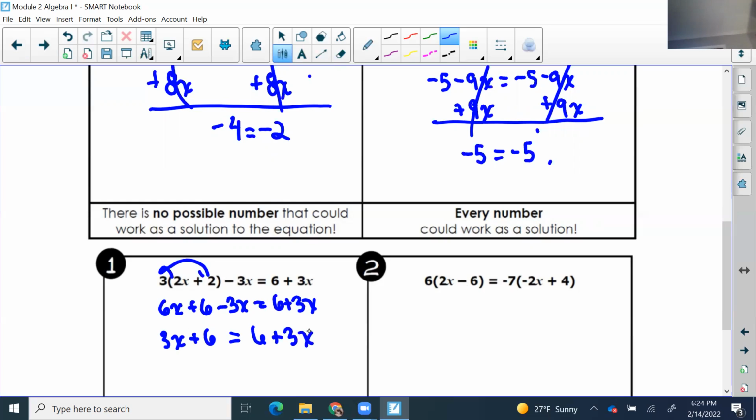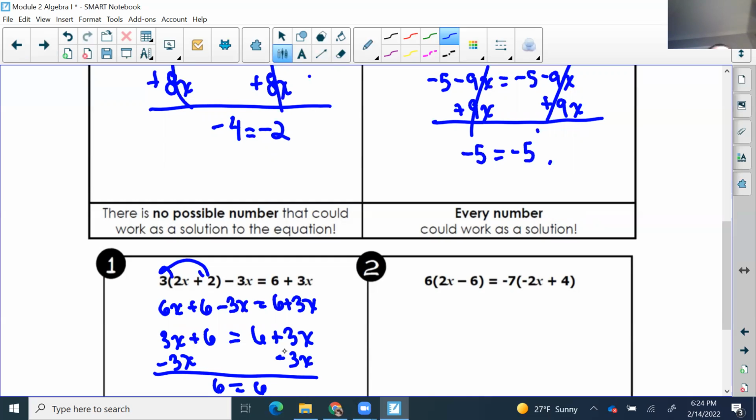Well, as you can see, those are exactly the same. We know that by the commutative property, that if you change the order when you're adding, the sum is exactly the same, no matter what. So let's go ahead and subtract 3x from each side. And it says 6 is equal to 6.